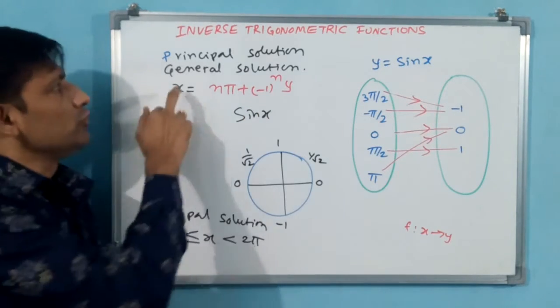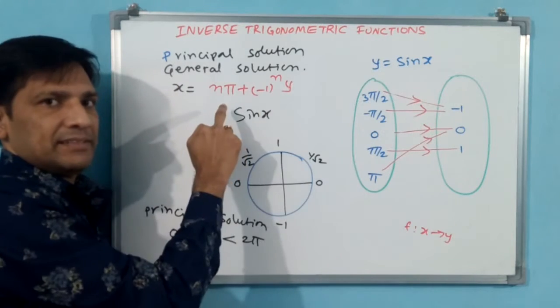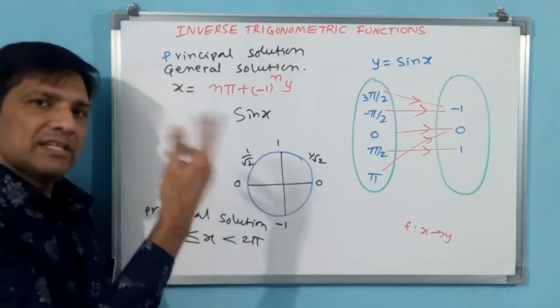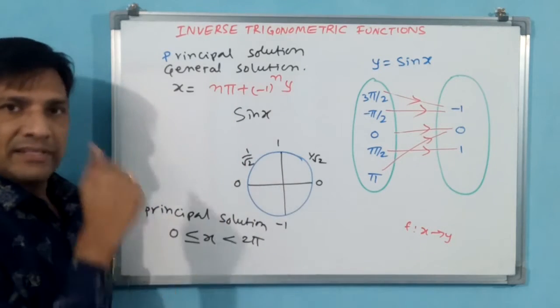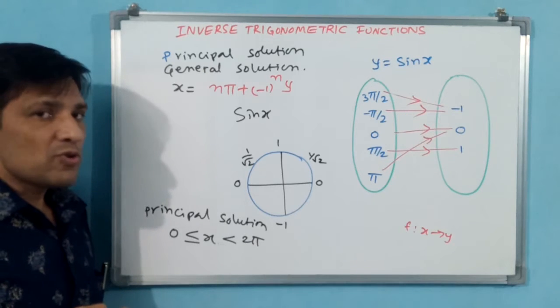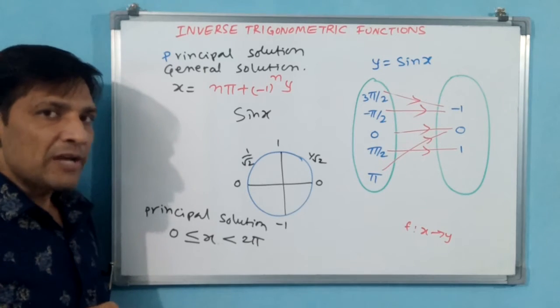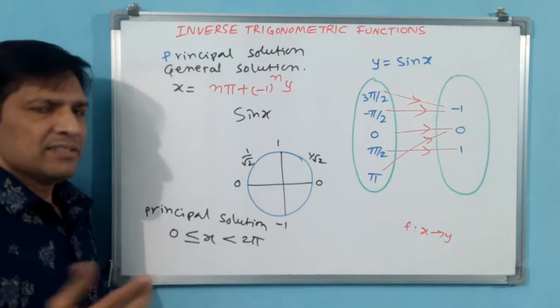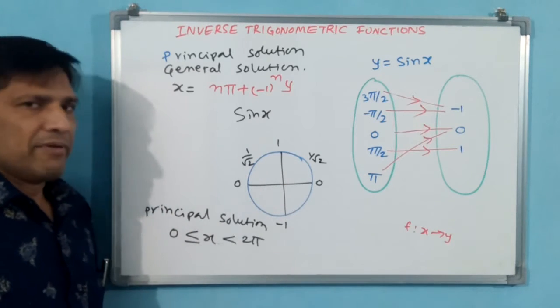This is the general solution for sin x. Any angle you can represent with this. For the zero value, it is n pi. This we have learnt in class 11 trigonometry.